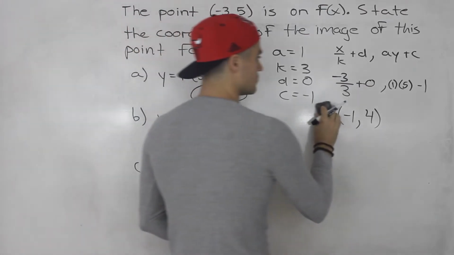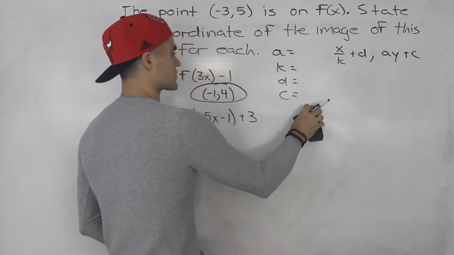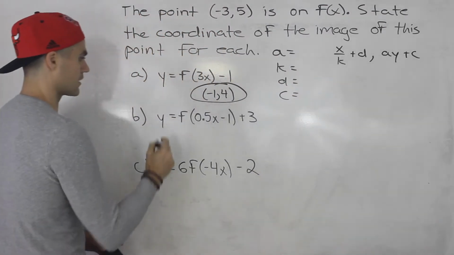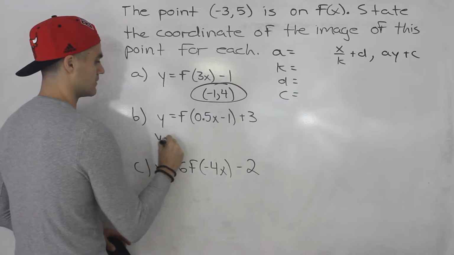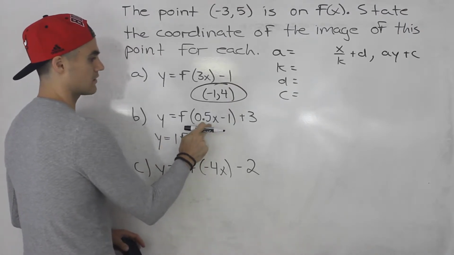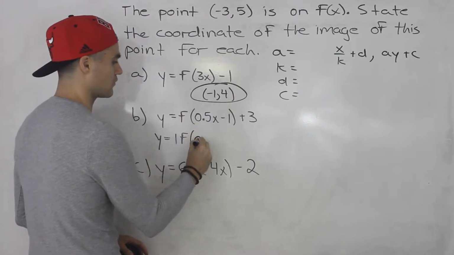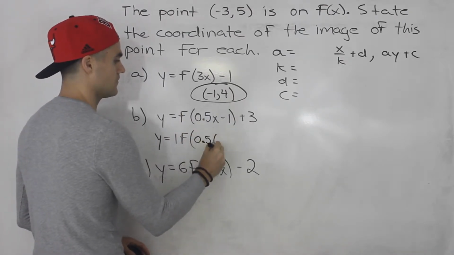Right, moving on to part B. We've got to get all the transformation values. So here, the a value again is going to be 1. But notice here how the x value is not by itself. We have to factor out this 0.5. That's going to be the k value.